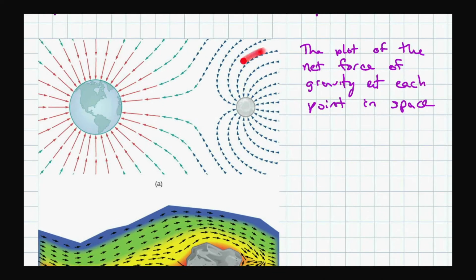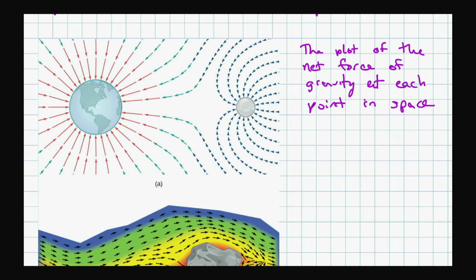So what this is showing you basically is, well, I guess it wouldn't be the path an object would take. It would be the force acting on the object. But you can kind of think of it as the path an object would follow if it was falling. So if you were here, you'd end up falling and hitting the moon, right? If you were up here, you would be attracted to the moon, of course, but you're also attracted to the earth, and so you kind of curve that way.